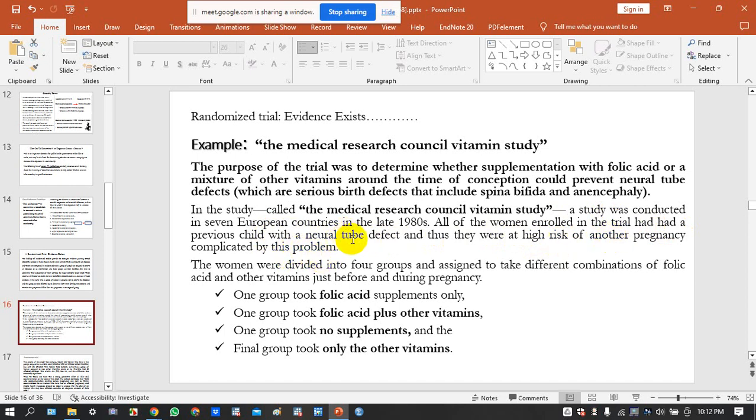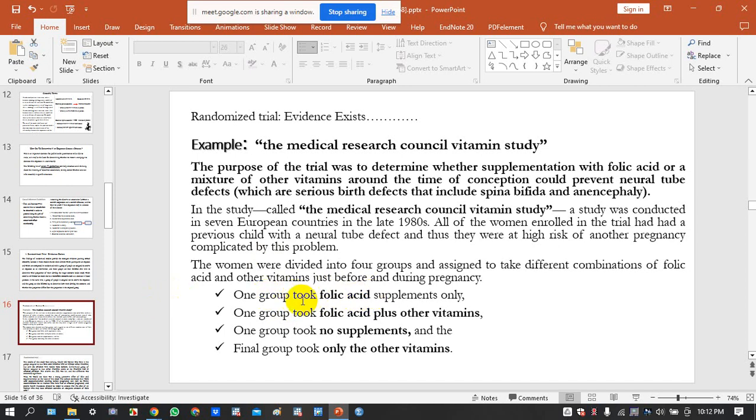These women were divided into 4 groups and assigned to take different combinations of folic acid and other vitamins just before and during pregnancy, because they had children who had spina bifida. So they wanted to find out whether, when you supplement with folic acid, this problem will be solved. Will this congenital anomaly be resolved? So this is what they did.